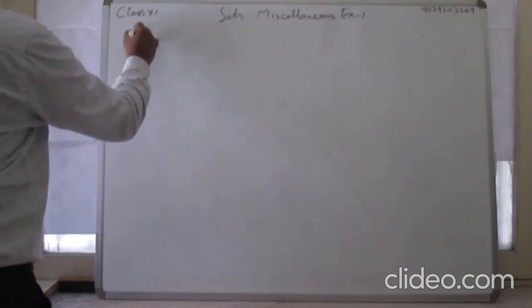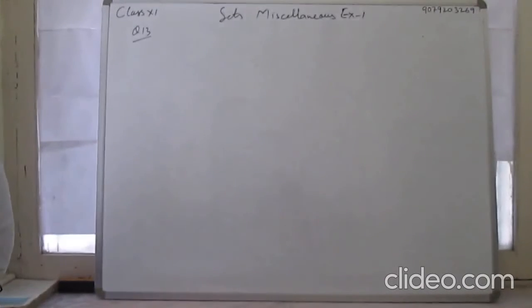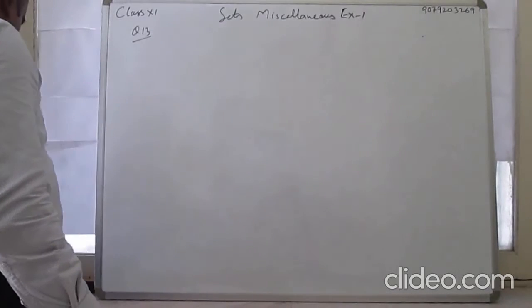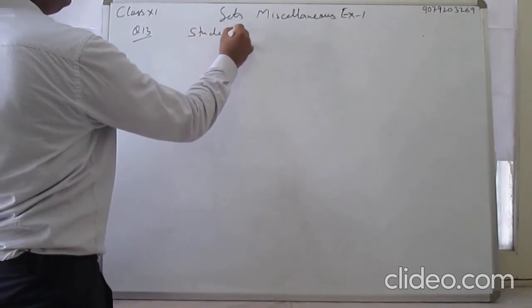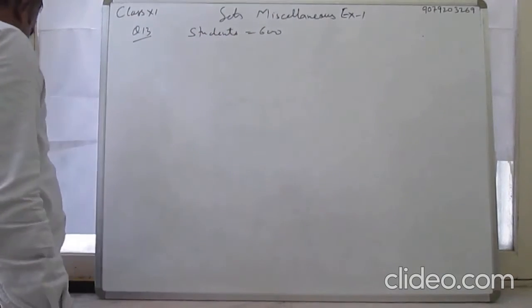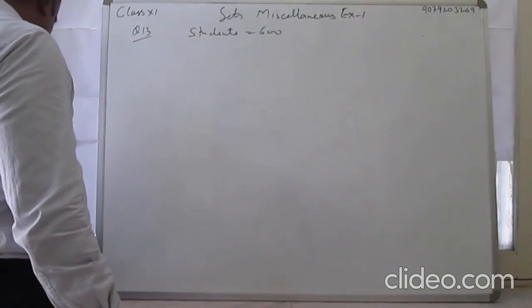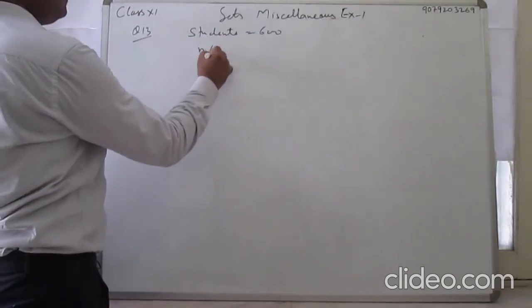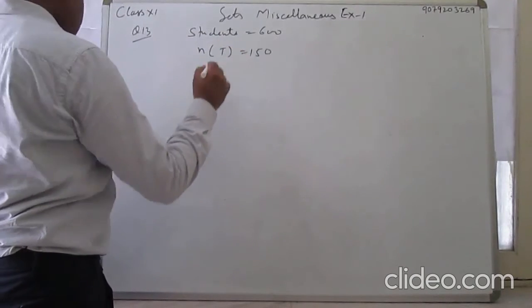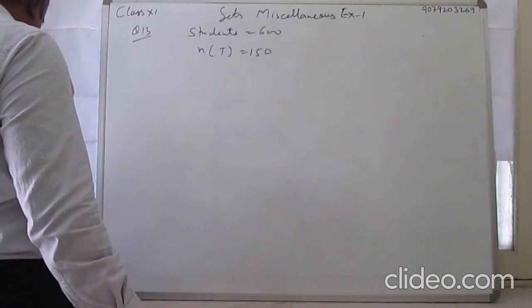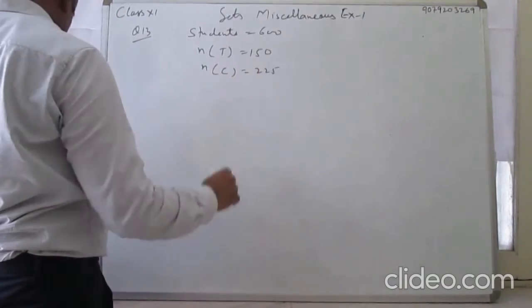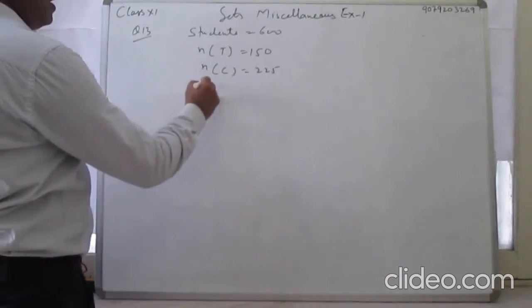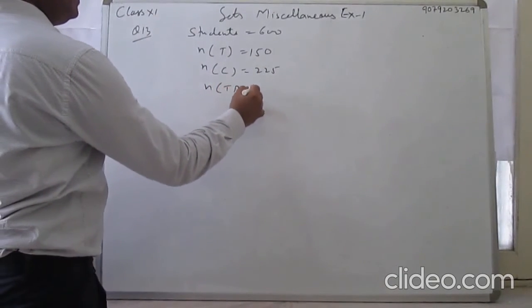Question number 13. In a survey of 600 students in a school, how many students are there? 600. 150 were found to be taking tea, 225 taking coffee, and 100 were taking both tea and coffee.